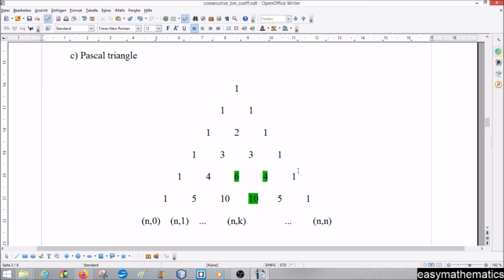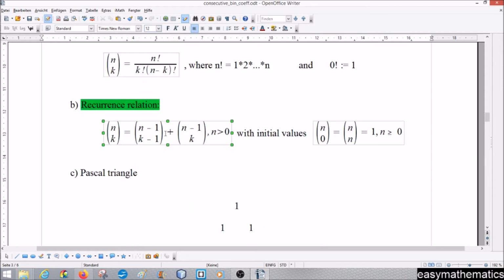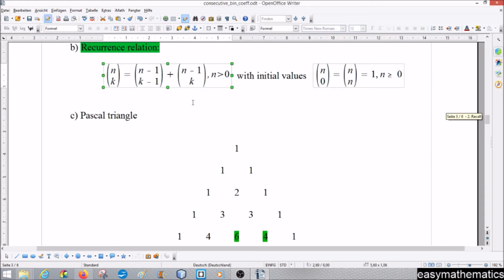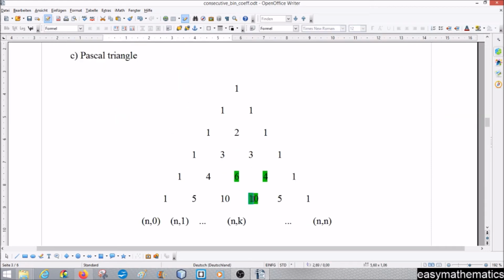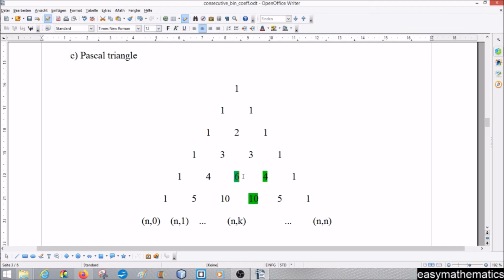The left and the right side of the triangle is all ones, and all missing coefficients greater than 1 you get by this relation. For the triangle, this means you add the two numbers above, left and right diagonal. So here 6 and 4 is 10.